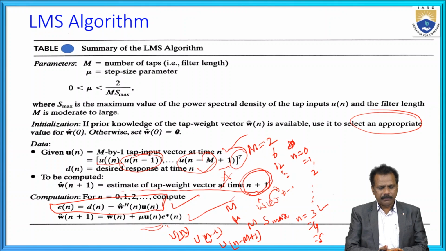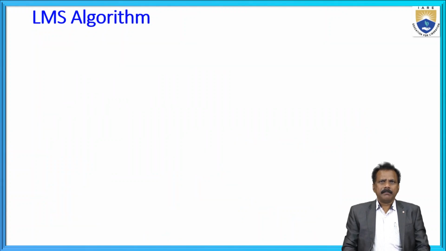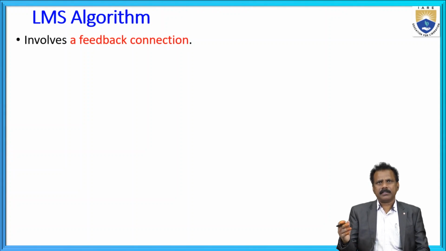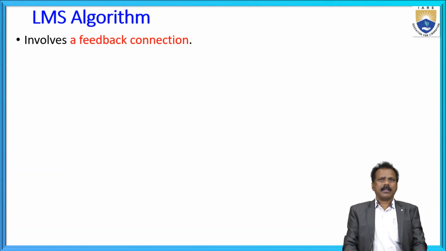So with the e of n value, we design and implement this LMS algorithm, the least mean square filter algorithm. The LMS algorithm involves the feedback connection. Once we have this background, with the step by step procedure with the m value, n value and s maximum, we go in depth.